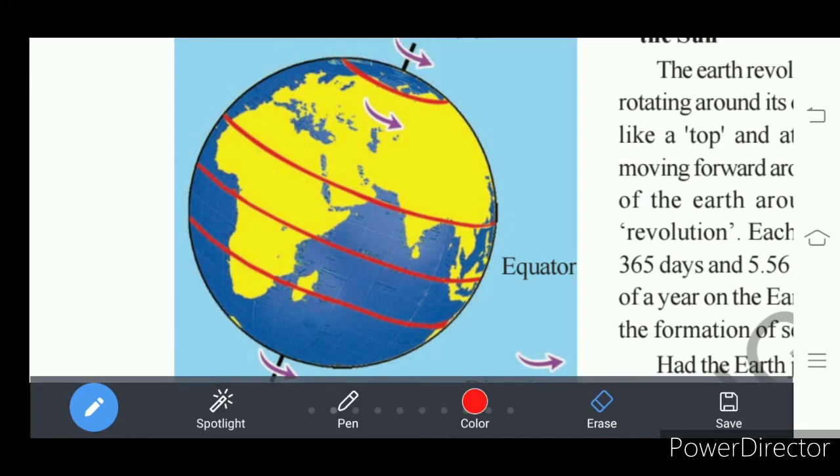Today morning, early morning by 6, how is the atmosphere on the earth's surface? It is totally cloudy. Very cool it is. Some days in the morning we see sunshine clearly.